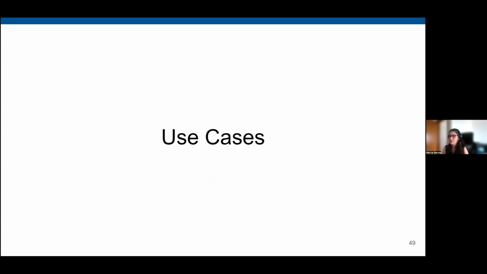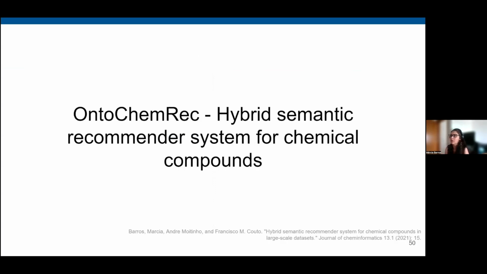Okay, now I have some use cases to show you about the use of knowledge graphs in specific works developed here in our group. I will start with OntoChemHack, a hybrid semantic recommender system for chemical compounds.